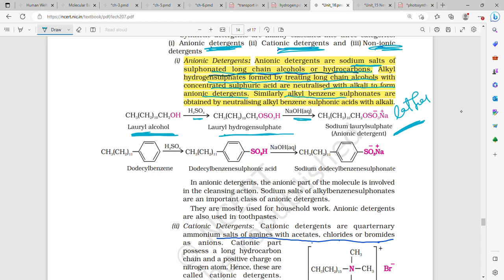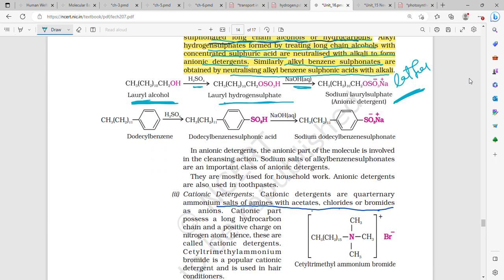Similarly, alkyl benzene sulfonates are obtained by neutralizing alkyl benzene sulfonic acid with alkali.